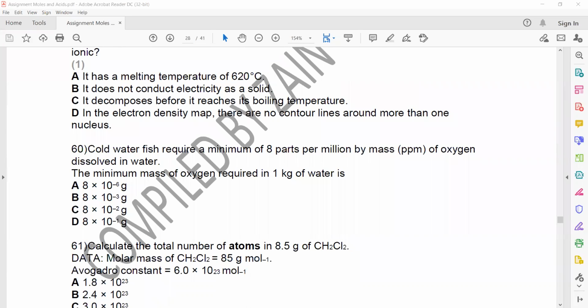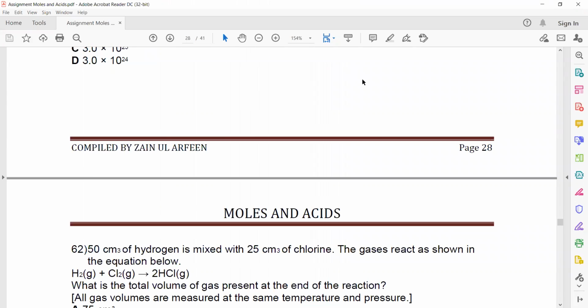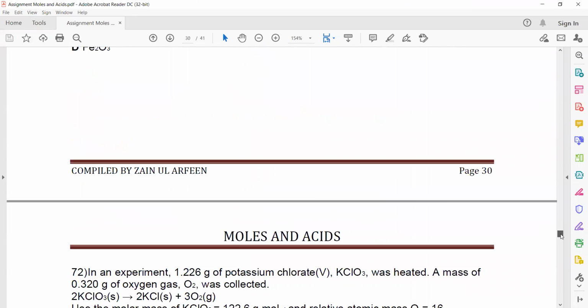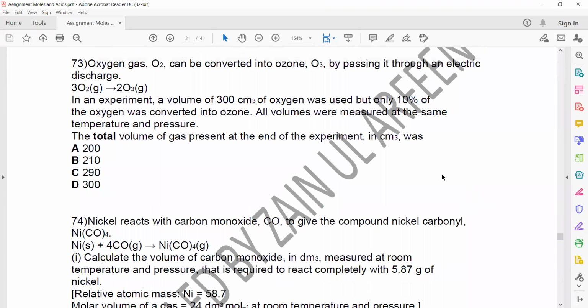Then 73. Oxygen can be converted into ozone by passing through an electrical discharge. In an experiment, 300 cm cube of oxygen is used, but only 10% of the oxygen is converted into ozone. All the volumes are measured at the same temperature and pressure. What is the total volume of the gas?